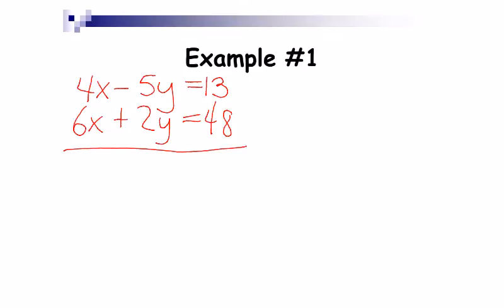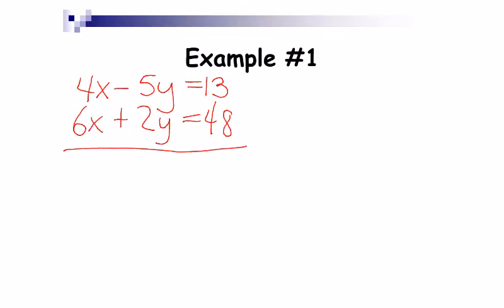So what we're going to do is make it so that I can eliminate one of the variables. If I can multiply the 4 and the 6 by a number to make them the same, or I can multiply the 5 and the 2 to make them the same, then I'd eliminate the x's or the y's. But in this case, the 5 is already negative and the 2 is positive, and so when I make them the same, they're going to come out to 0.